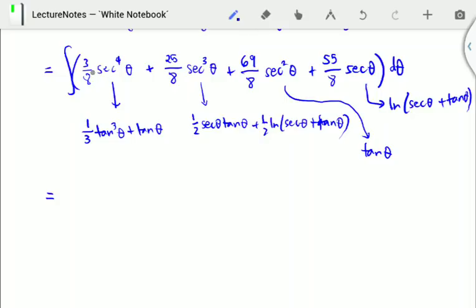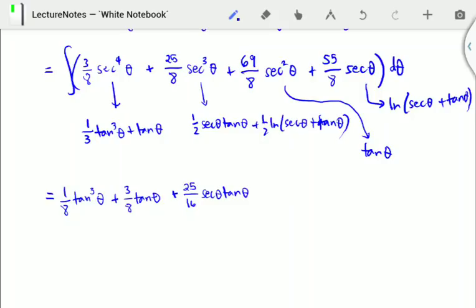Okay, so we're going to substitute these things. Note that sec to the fourth has a factor of 3/8. So don't forget that. The first one will give you 1/8 tan cube theta. The second one will give you 3/8 tan theta. This will give you 25 over 16 sec theta tan theta.